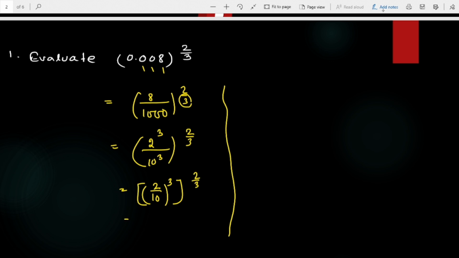Power means multiply, that is 3 into 2 by 3. So 3 cancels. Now 2 by 10 to the power 2, that is 2 squared, that is 4 by 100.